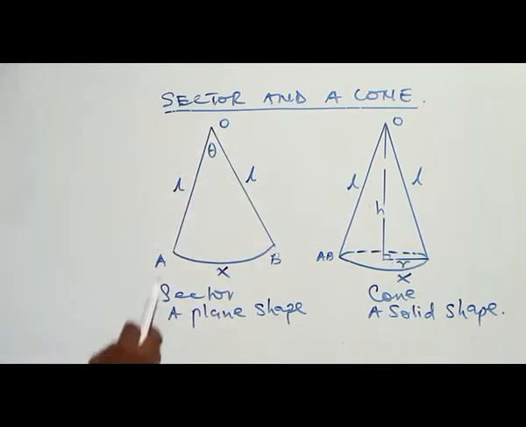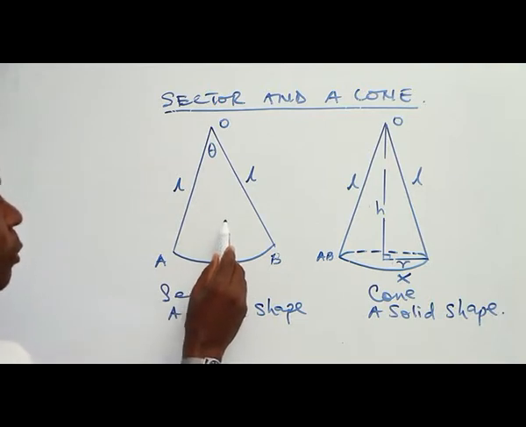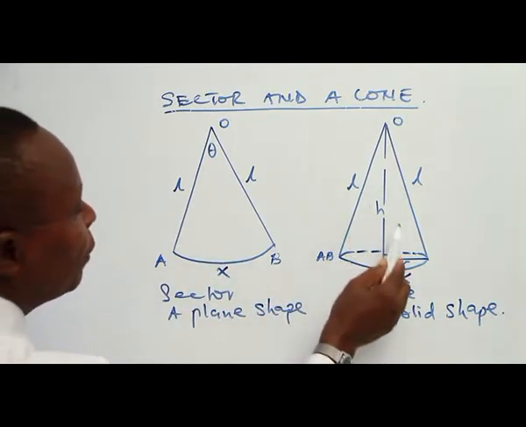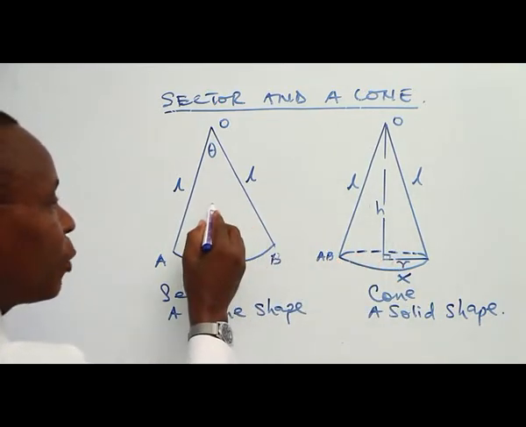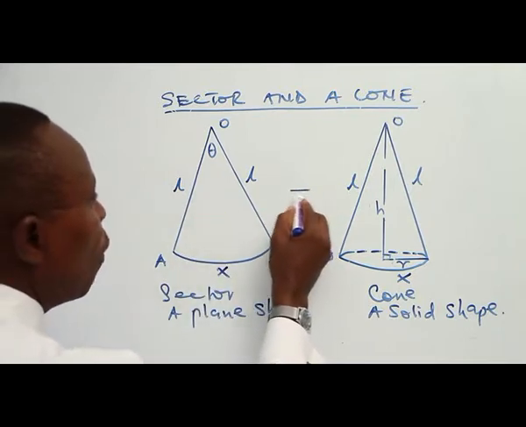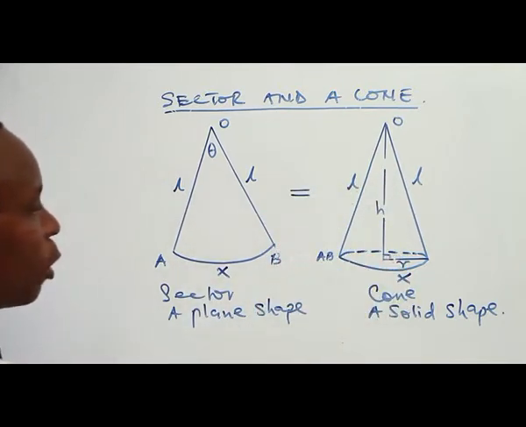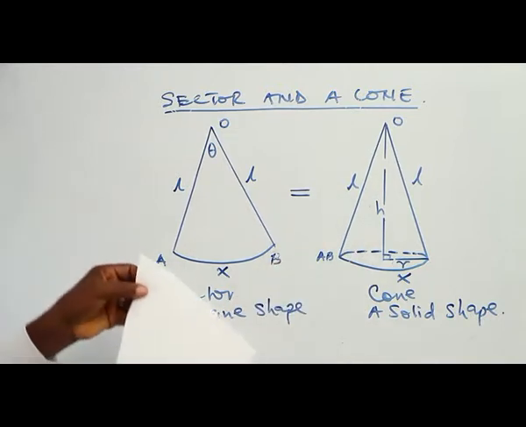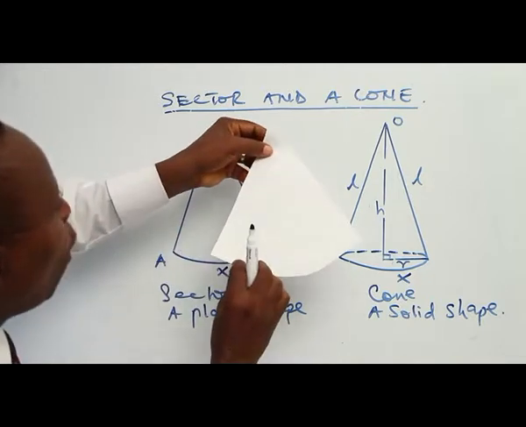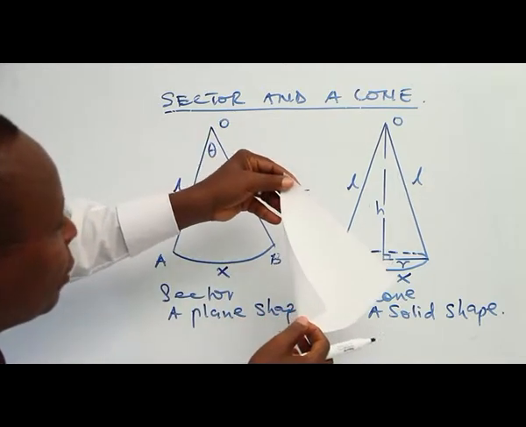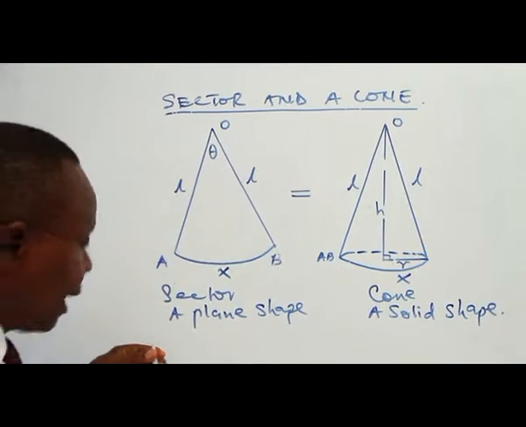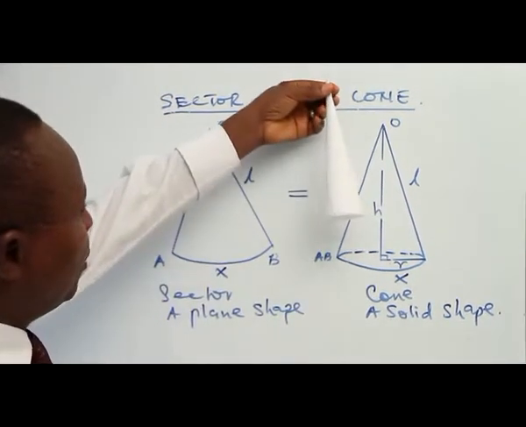Now, from this sector, we have the cone. This plane shape is equal to this solid shape, which is a cone, in this case an open cone. And how is that done? By folding this sector. Take a look at what I have formed.